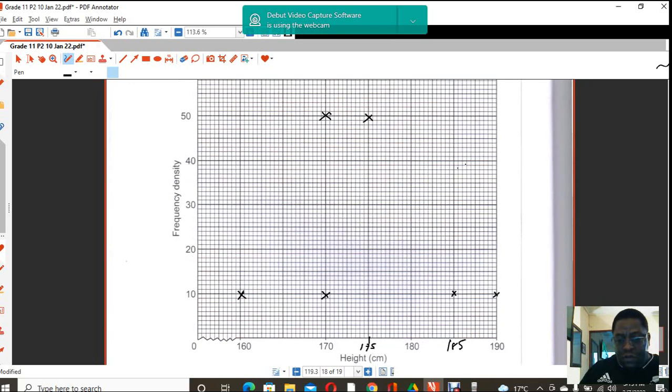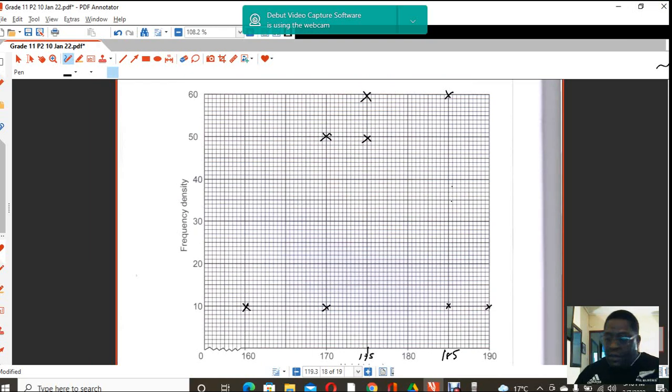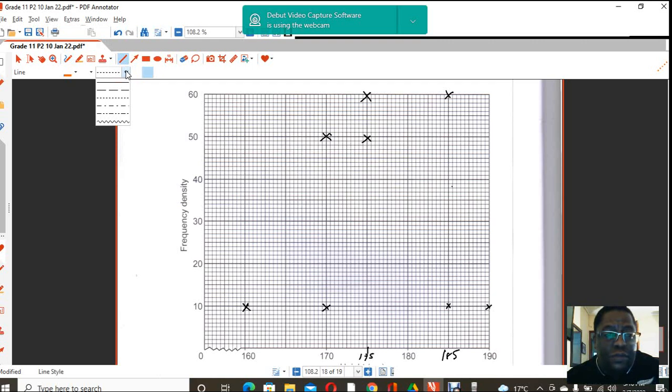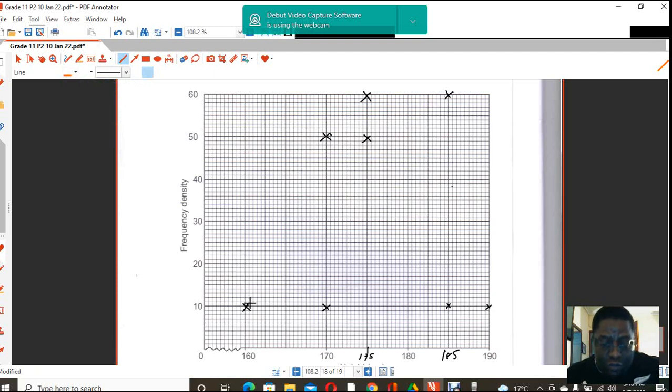Okay. So let's see. So let me bring in my grid lines. So this one is going to go from here to there, to there. I'm going to come back here.